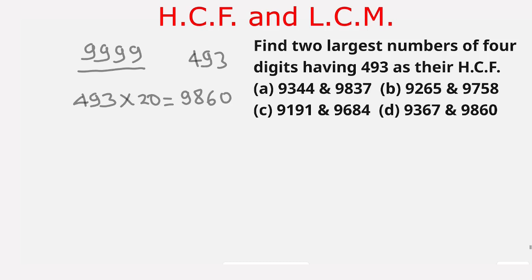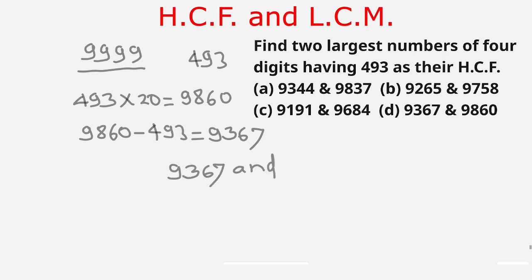Now we subtract 493 from this number 9,860, and that comes out to be 9,367. So the required two numbers are 9,367 and 9,860.